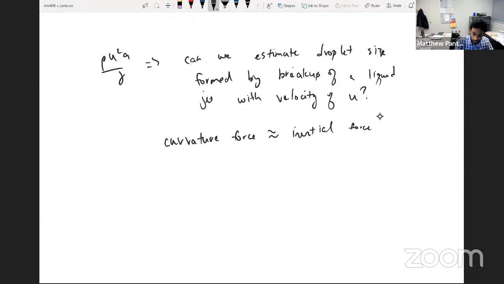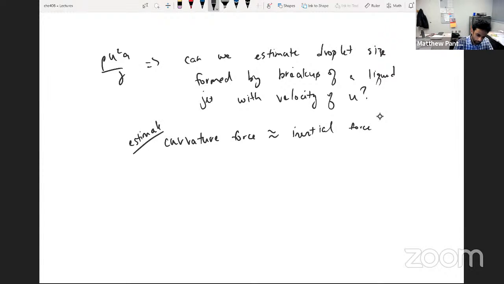And that should give us a good idea what a droplet size would be with some particular surface tension. So again, this will be an estimate.